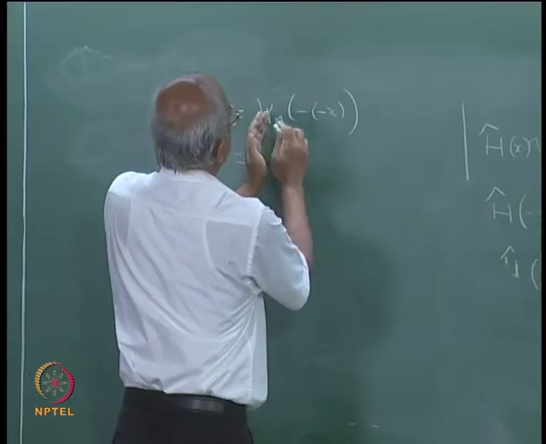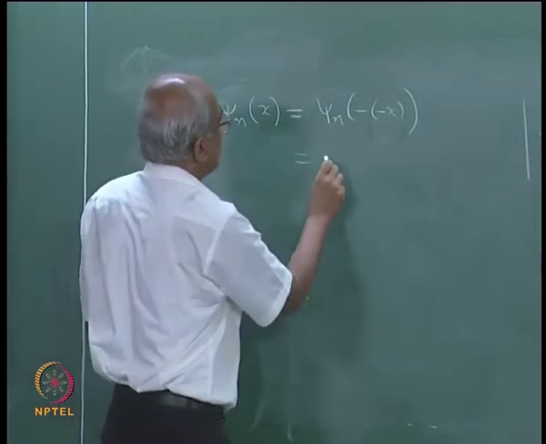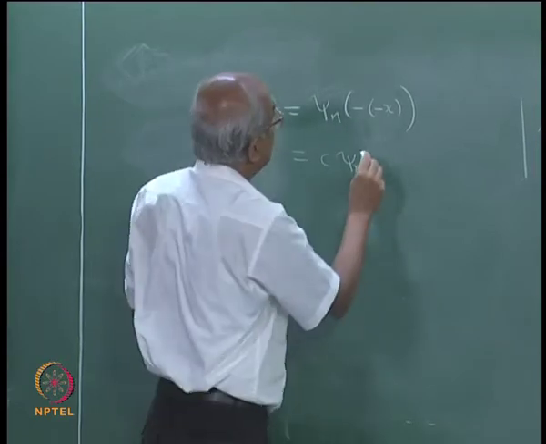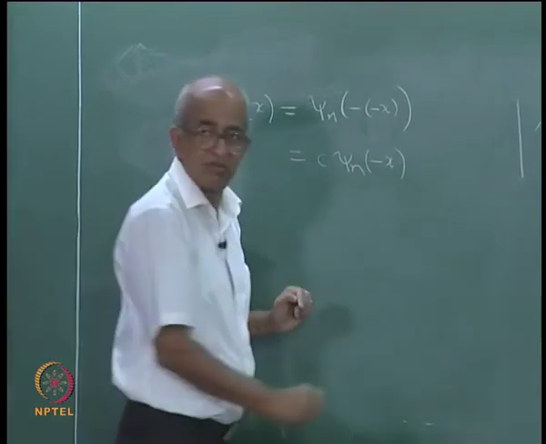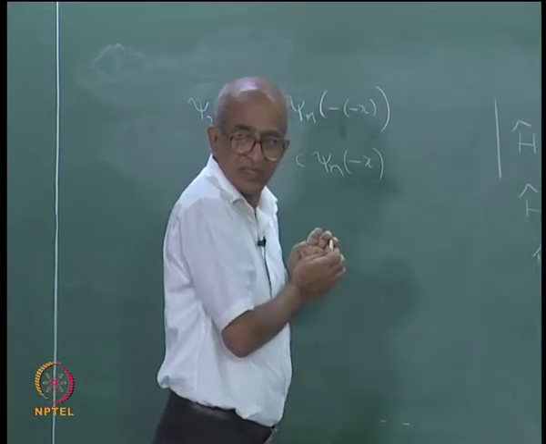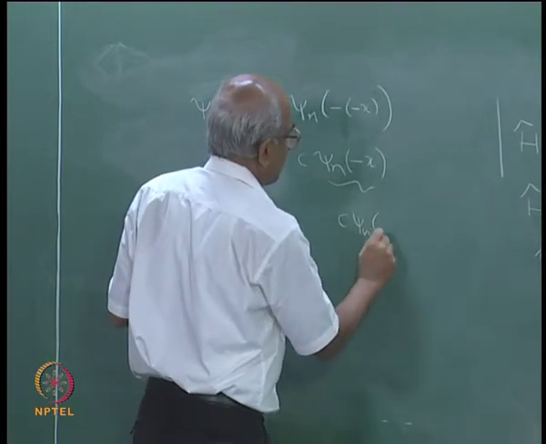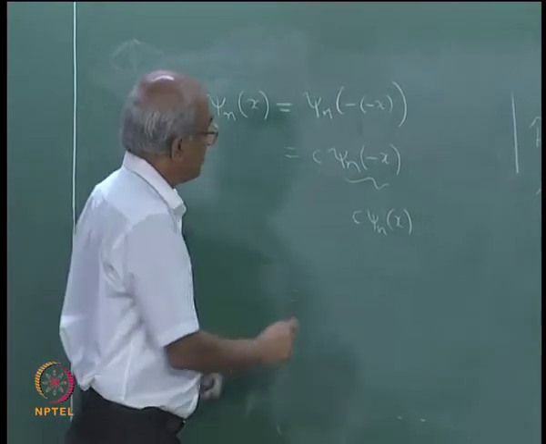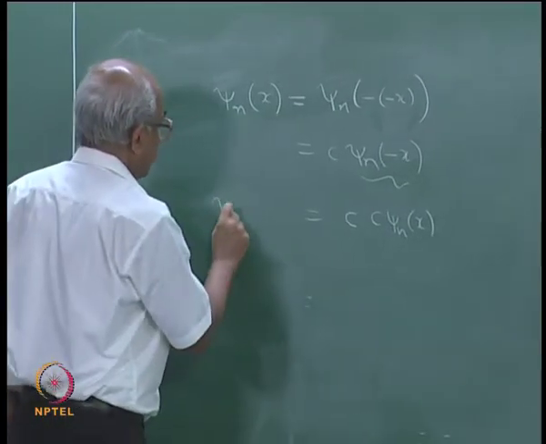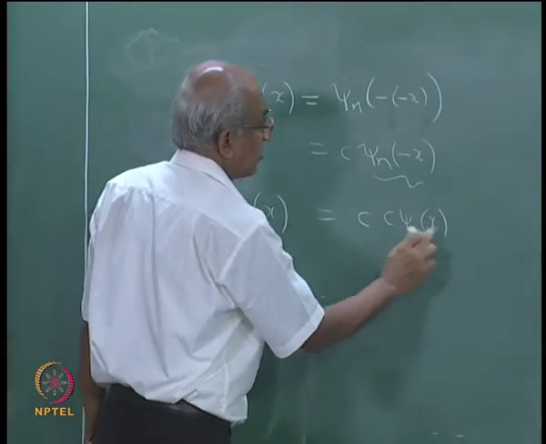So, this is actually psi n of minus of something, that you can say is actually c into psi n of that something. And now what do you have here, psi n of minus of x, but that must be equal to c times psi n of x itself.